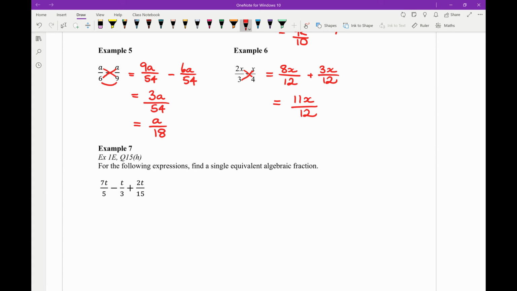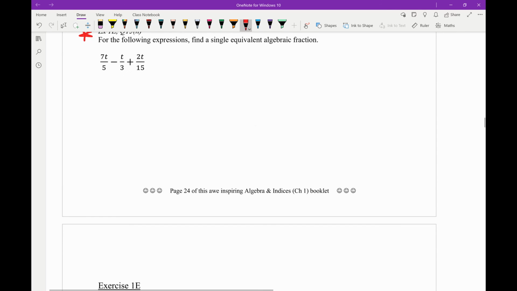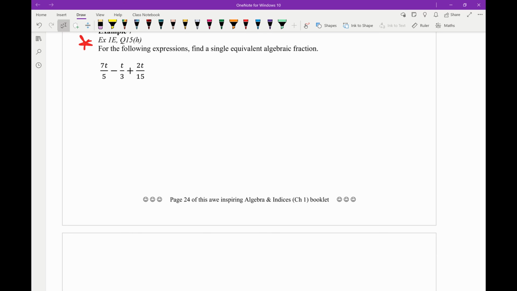Pretty much all of your questions are going to be like those first 6 examples. There is one little question in your exercises that is a little bit harder, like this one down here, because it has 3 fractions in it. All you would do is start with the first 2 fractions and get a common denominator for those.